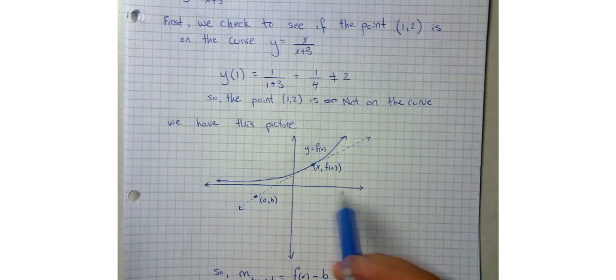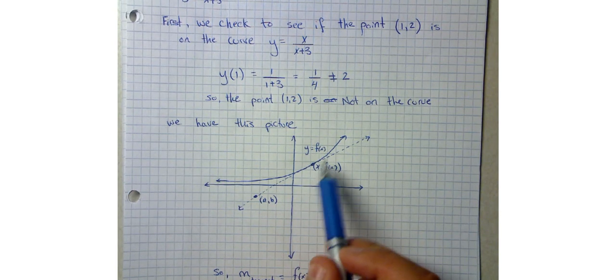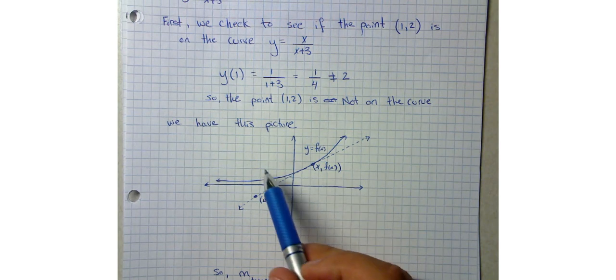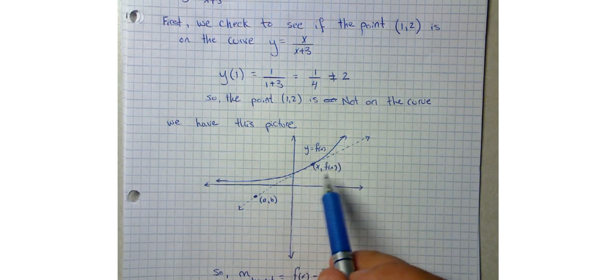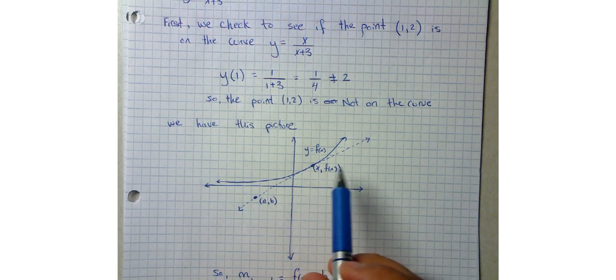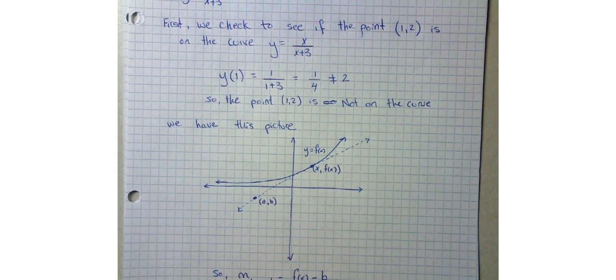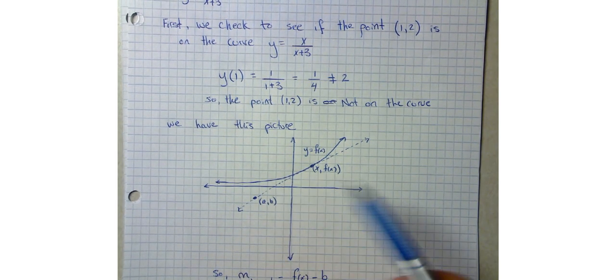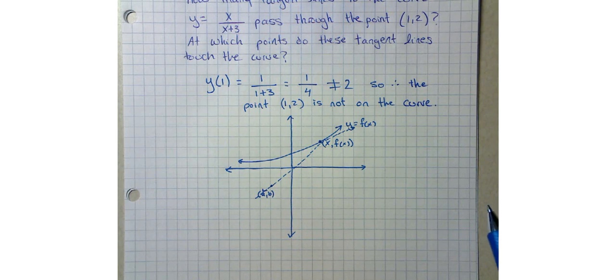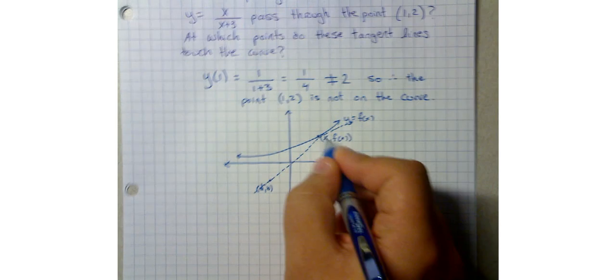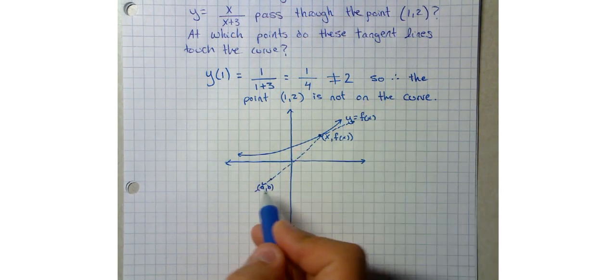So again, if I'm looking at f of x on my function, this is any point on my graph y equals f of x. a, b is the point that we want the tangent line to cross, and so I have to find the points that cross at that point. How are we going to do that? Well, I want the slope of the line to pass through 1, 2.